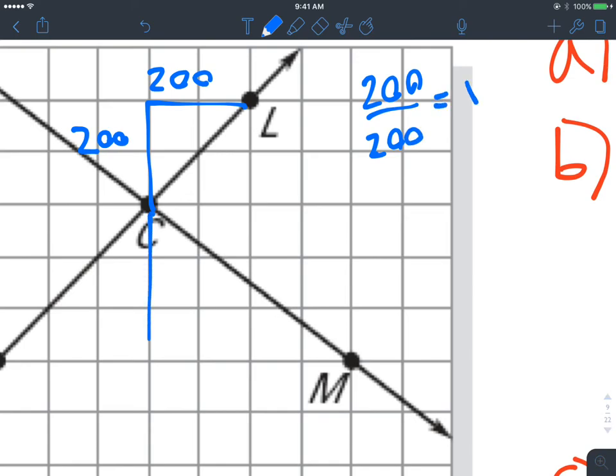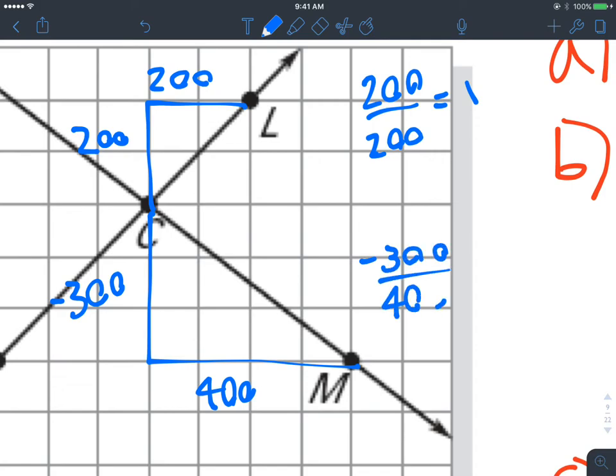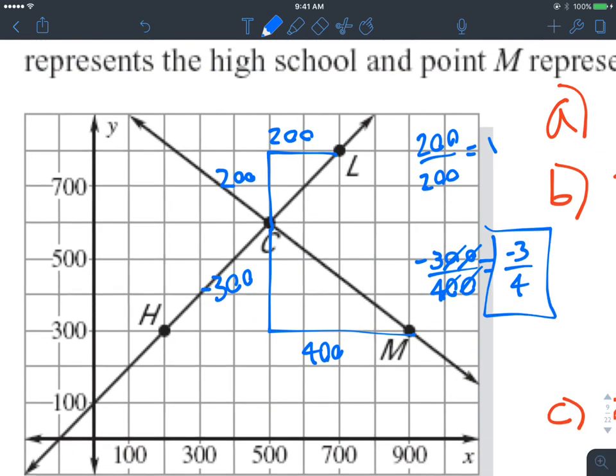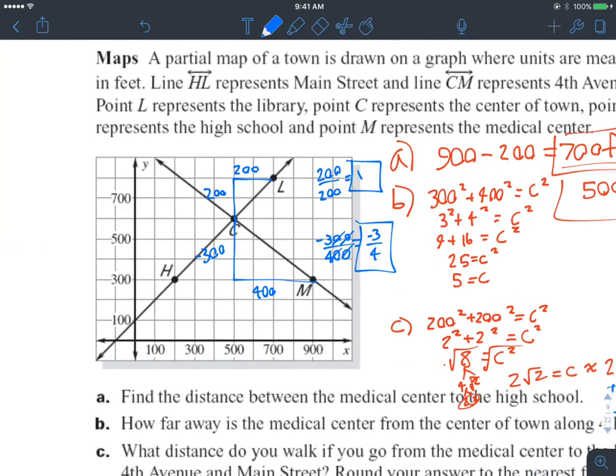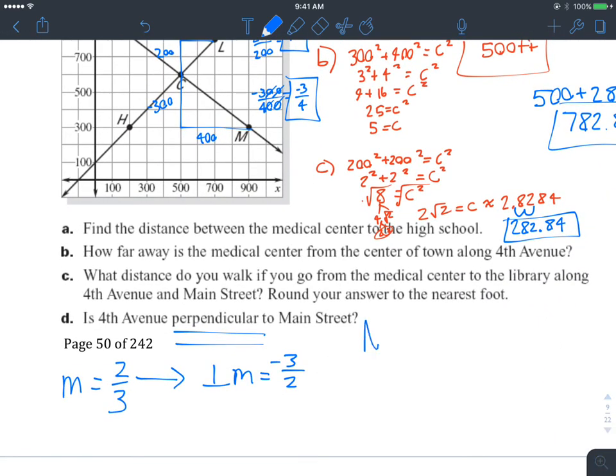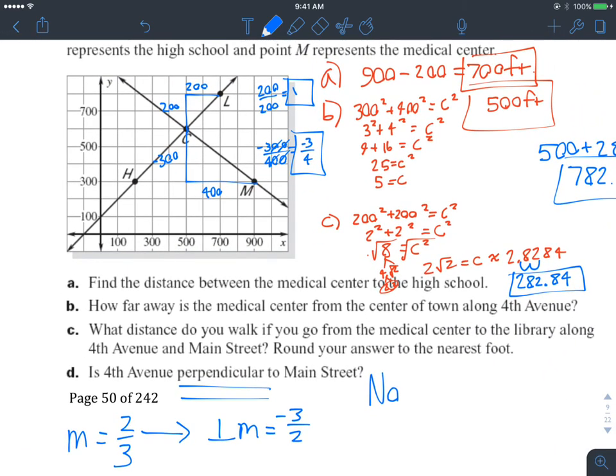This other one, checking the slope, goes down. Notice it's down 300 and then over 400. Rise over run, remember that. That just reduces down to 3 over 4. Now, those are not opposite reciprocals, so are those streets perpendicular? The answer is no, and that's because of the slopes right there.